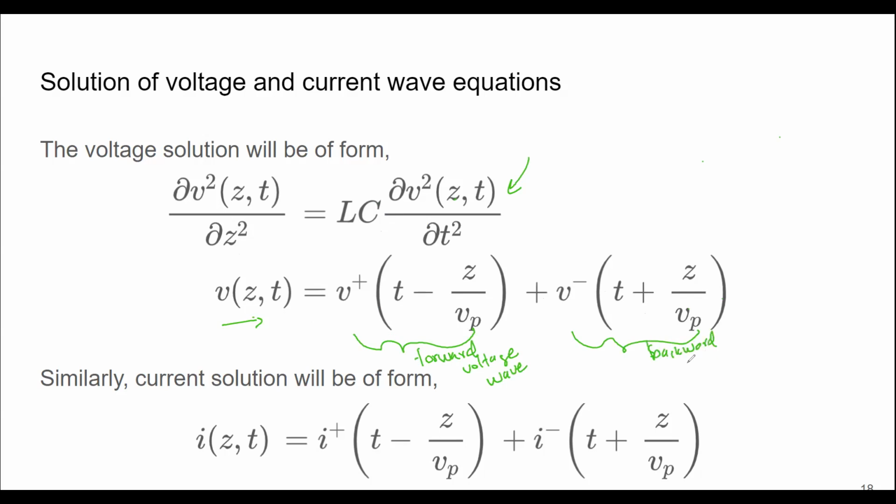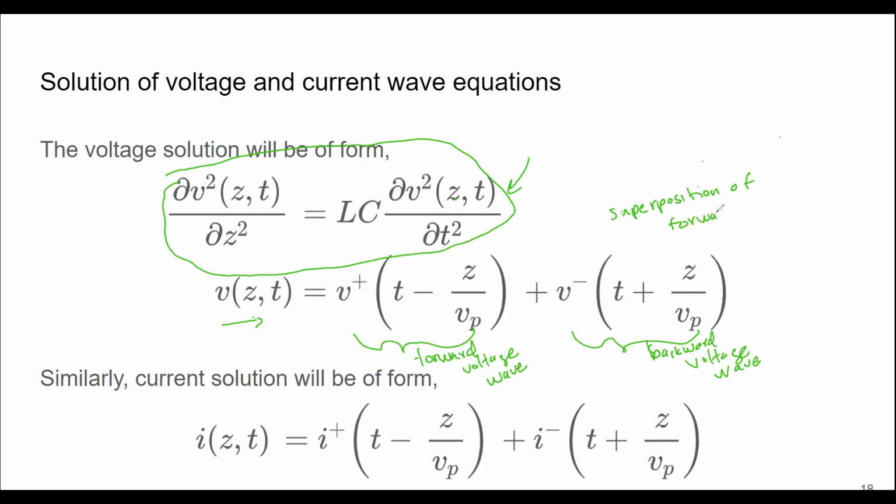So this comes from mathematics, right? If there's an equation like this that shows that the voltage has this behavior, then the solution for that equation should be of this manner. It should be a superposition of two voltages, or a superposition of forward and backward voltage waves, right?